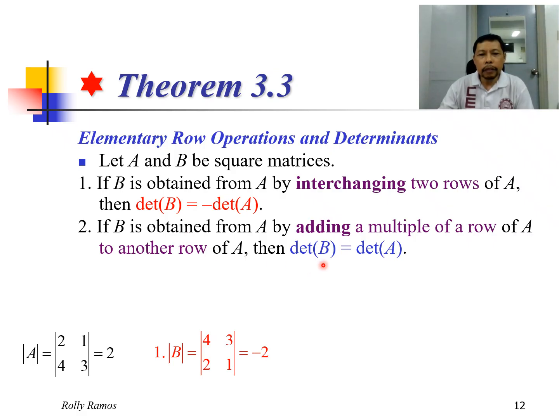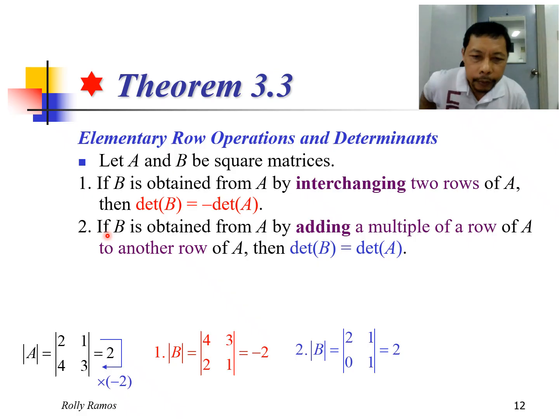Then the determinant of B is just the same as the determinant of A. So you will not change the value of the determinant if we add a multiple of a row to another row of A. For example, if we multiply row 1 by a constant and add that to row 2, that is elementary row operation number 2: adding a multiple of one row to another row.